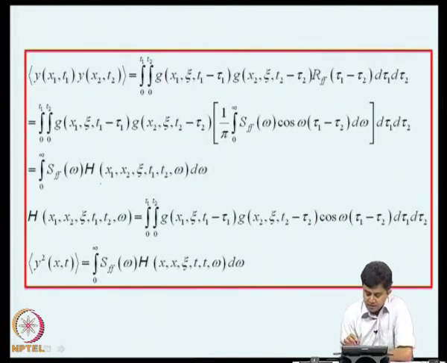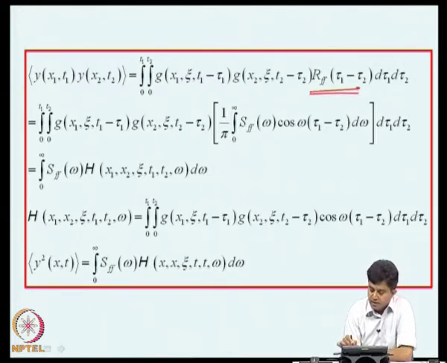We can of course write the response also in terms of power spectral density function of the input. To see that, what we do is I represent RFF of tau 1 comma tau 2 in terms of its Fourier transform, one sided Fourier transform, which is shown here, and we interchange the order of integration.